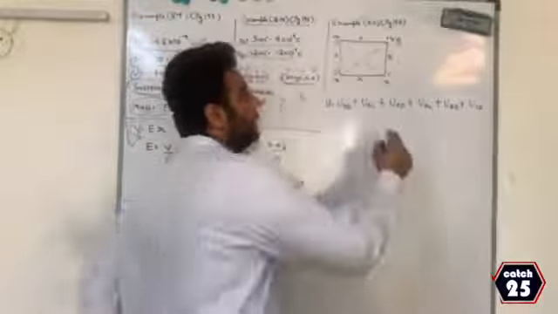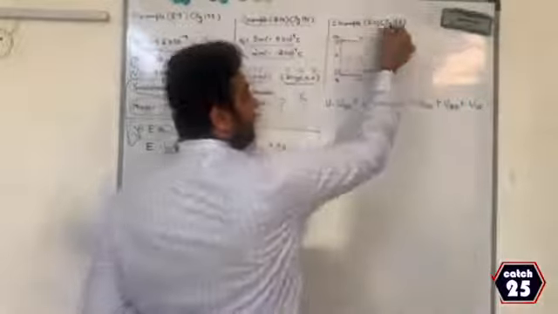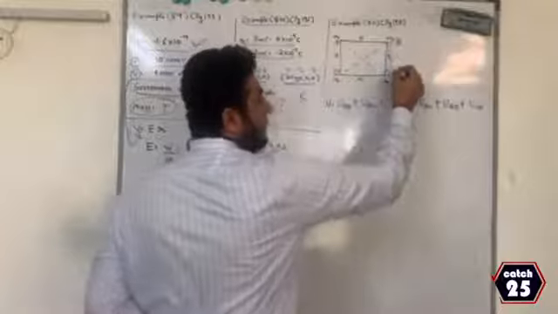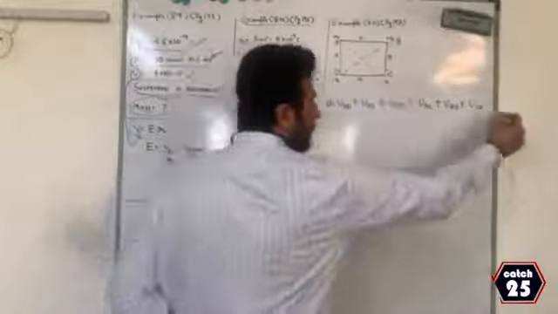So the total potential energy of the system is between A and B, A and C, A and D, between B and C, B and D, and between C and D.